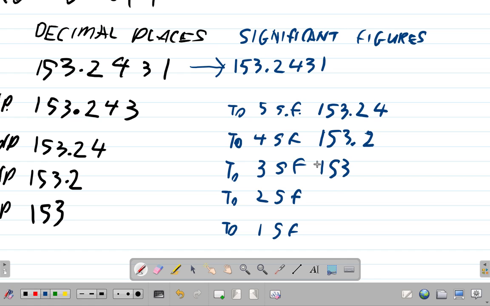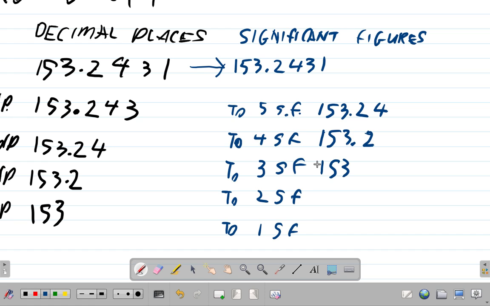Now, the question is, what is it to 2 significant figures? Now, is it 15? But hold on, if you say 15, you can't be measuring 153 meters and telling somebody else that it is 15 meters. So, if you have $153 million in a big account, somebody asks you, about how much money you think is in that account?